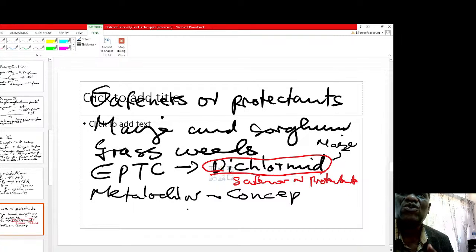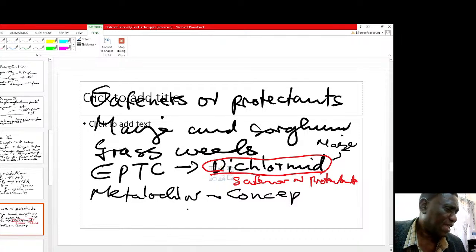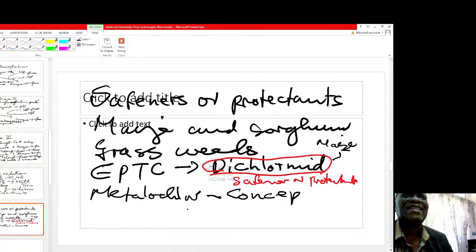So if you are going to use Dual or metolachlor in sorghum to kill grasses, make sure you have got metolachlor with concept as the protectant or the safener. If you just use Dual, or metolachlor, you will kill your sorghum.